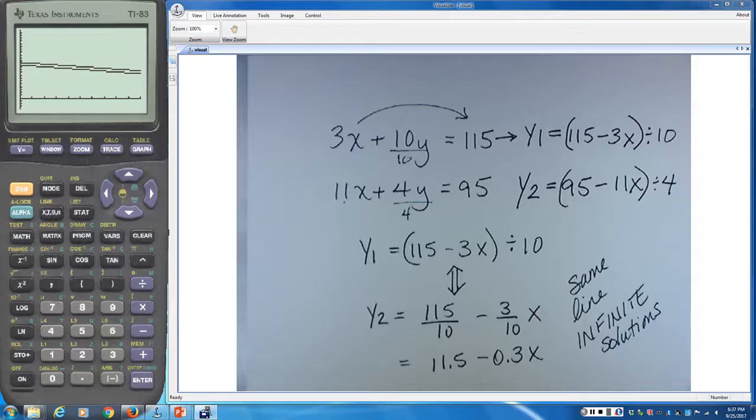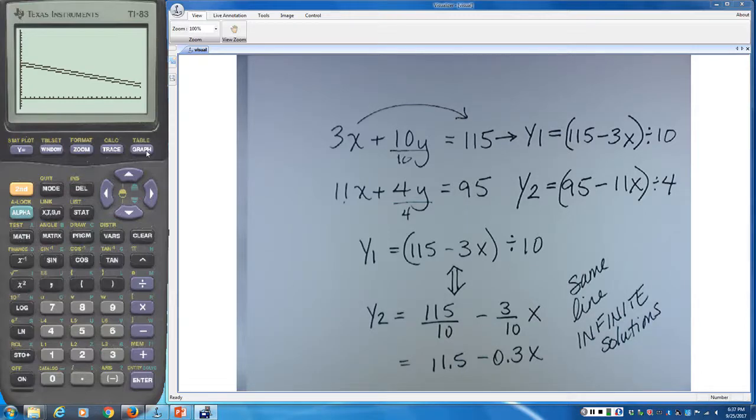I mean, I could extend it out and see if maybe they get closer together. But what's happening with those 2 lines? How would you describe those 2 lines? They're running parallel to one another, just like a railroad track.